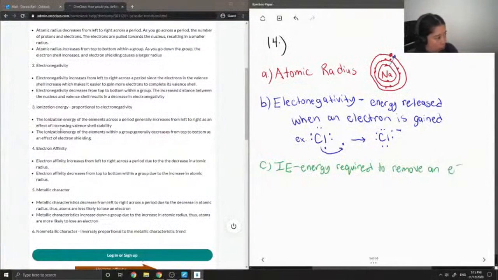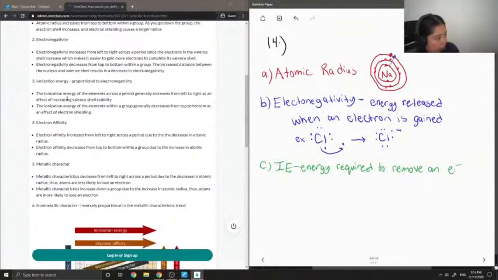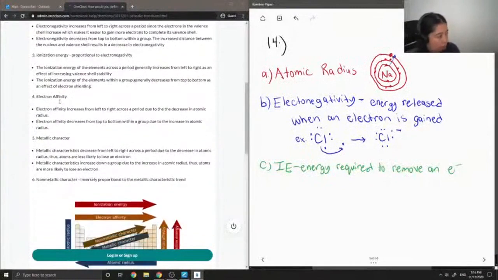So our junior tutor said it is proportional to electronegativity. Ionization energy of the elements across a period generally increases from left to right as an effect of increasing valence shell stability. Ionization energy of the elements within a group generally decreases from top to bottom as an effect of electron shielding.